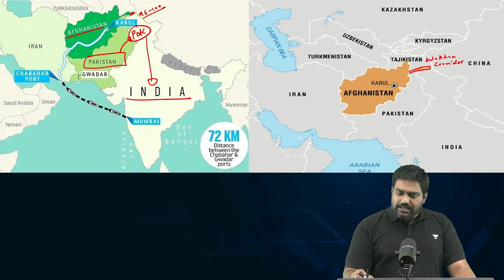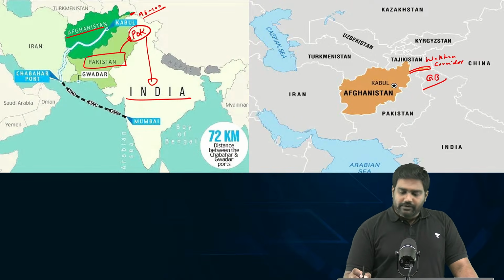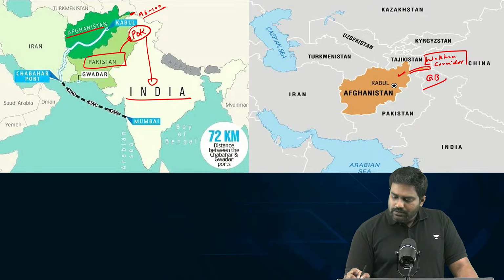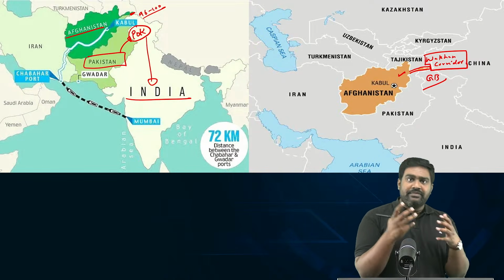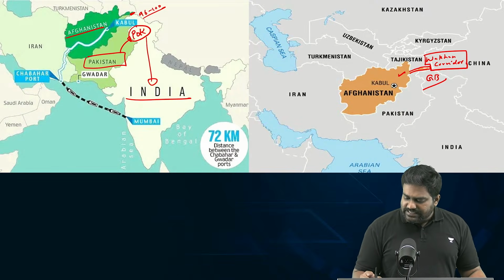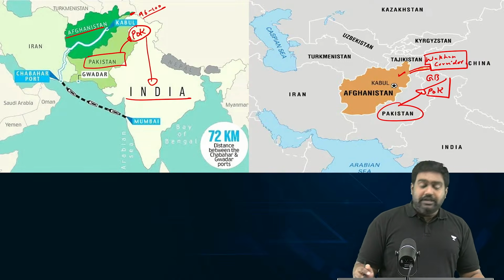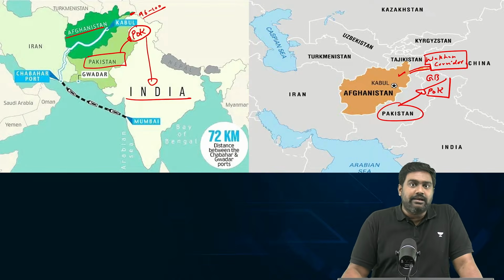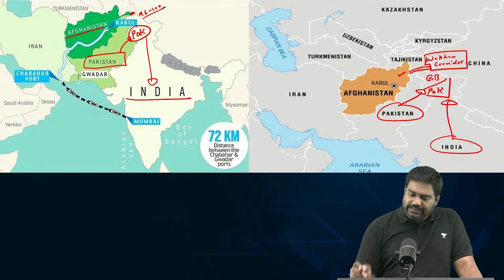From Gilgit-Baltistan region over here, we could have directly accessed Afghan territory via the Wakhan corridor. This narrow land corridor would have been the direct land connection. But unfortunately, as Pakistan has illegally occupied this Indian territory, the POK region, we don't have this border on the ground in reality. Since 1947, we have never had that direct access.